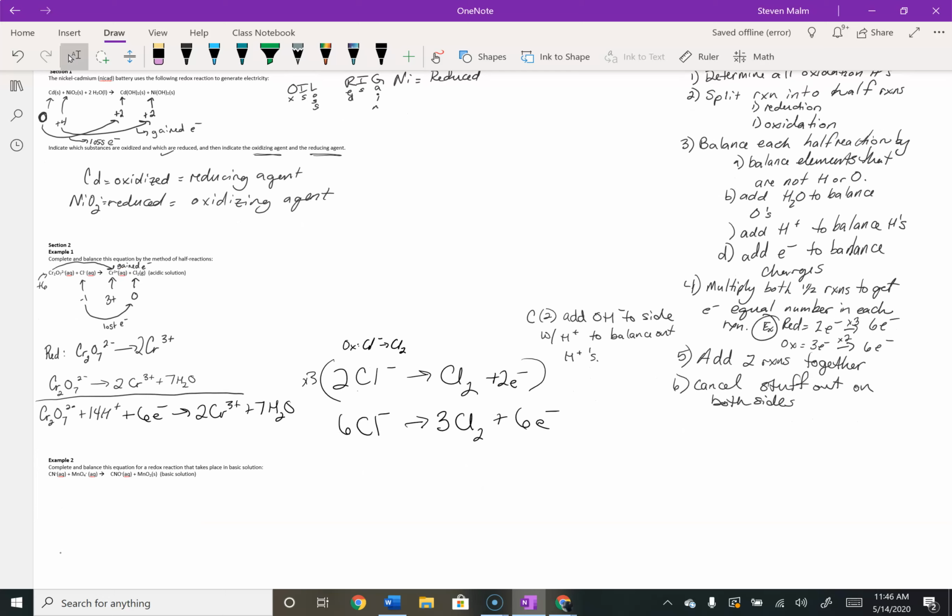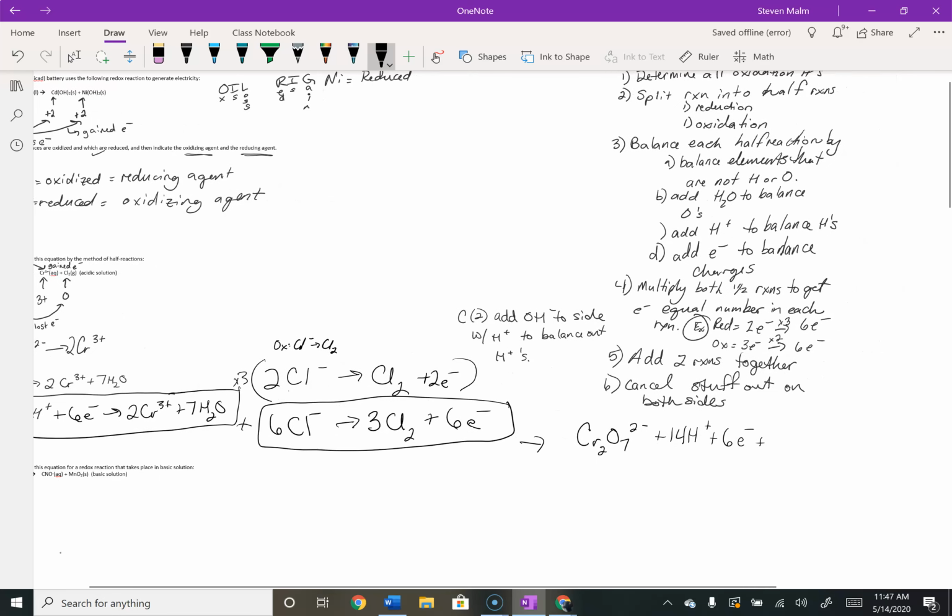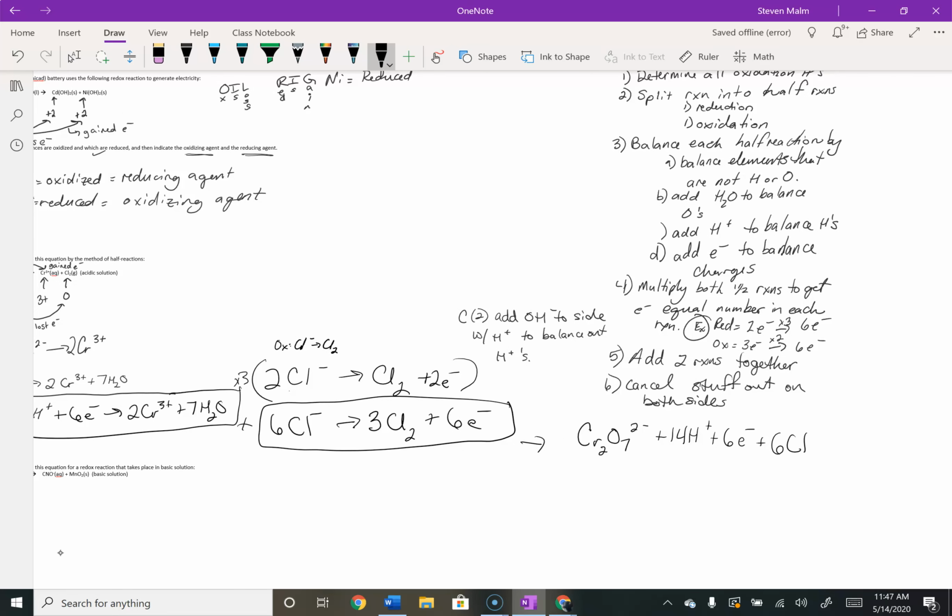Okay. Next step is to actually add the 2 reactions together and cancel out stuff that's on both sides. So now we're going to take our 2 half reactions that have been balanced in acid solution, and we're going to add them together. What we're going to get, if we do this correctly, our goal is to get a reaction that does not have electrons in it at the end.